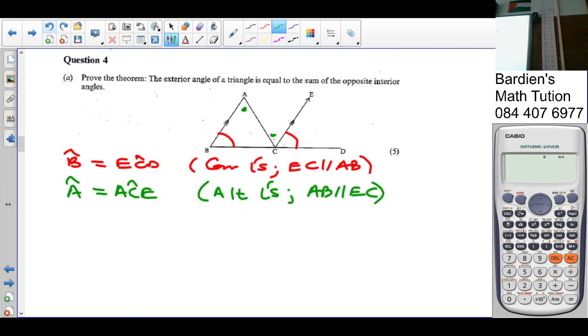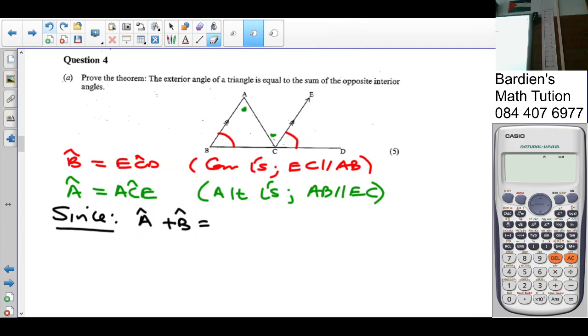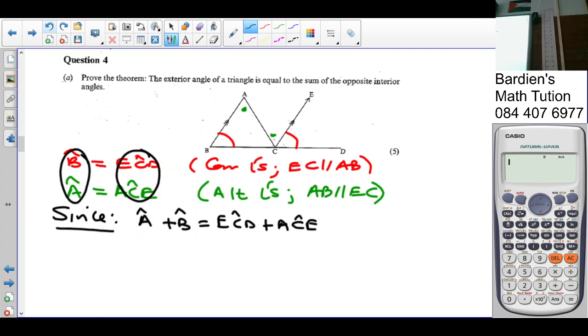So we say since, we state the obvious. We say since angle A plus angle B is equal to angle ECD plus ACE. You see that if I add those two, it has to be equal to that.